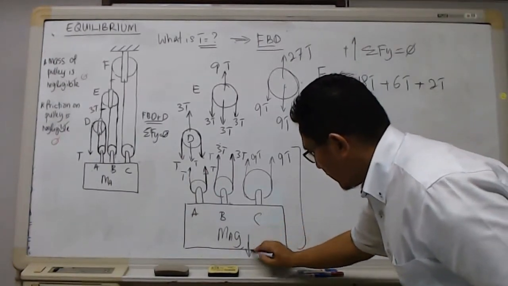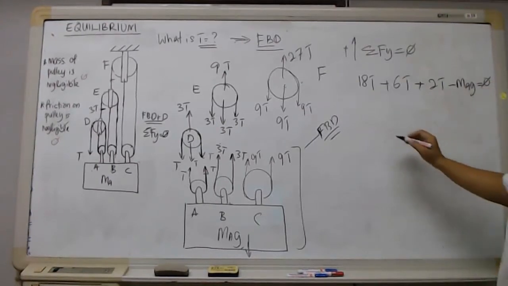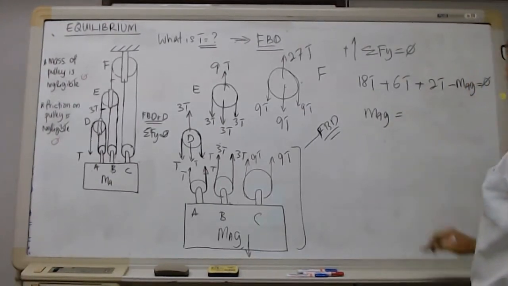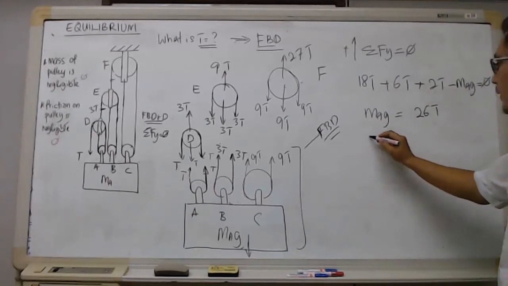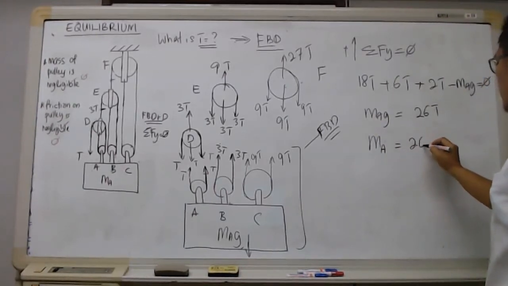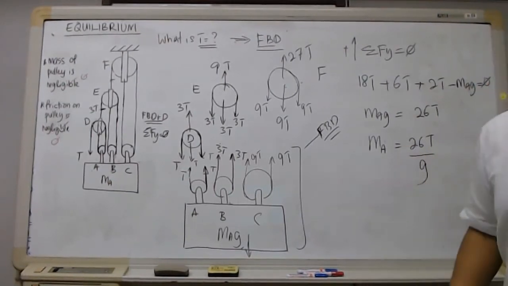The mass here is downward, minus MAG is equal to 0. Then we get MAG is equal to 26T, so MA is equal to 26T over G.